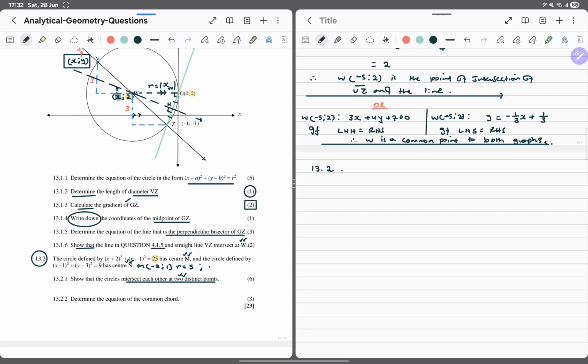The second one, we know that N is going to be (1, 3). So this is the point in the first quadrant, and R is going to be 3 units. Okay, easy stuff. So this is something like that. This one is a bit bigger, and then a smaller circle.